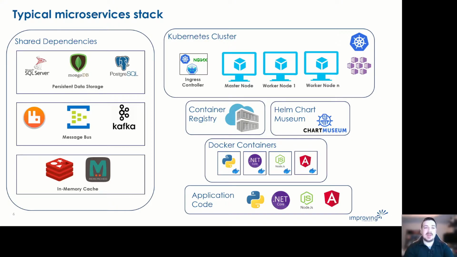These are your databases, your relational databases, your NoSQL databases, as well as your message broker, RabbitMQ, Azure Service Bus, and Apache Kafka, things like that. And then you might have caching mechanisms, Redis cache, Memcached, or you'll connect to an Azure Redis cache instance. And those live outside of your cluster, but are services that your application will connect to and leverage.